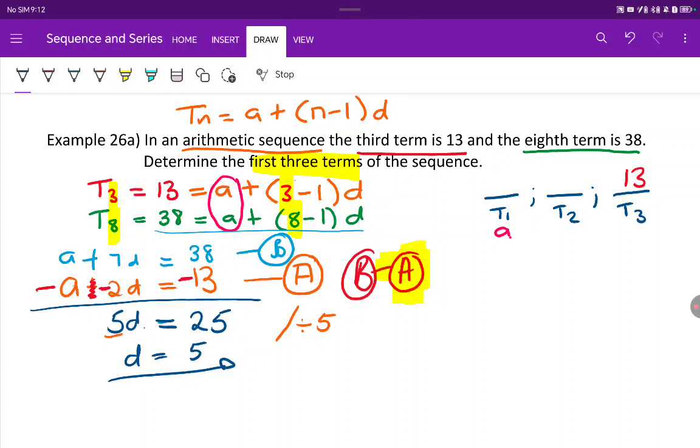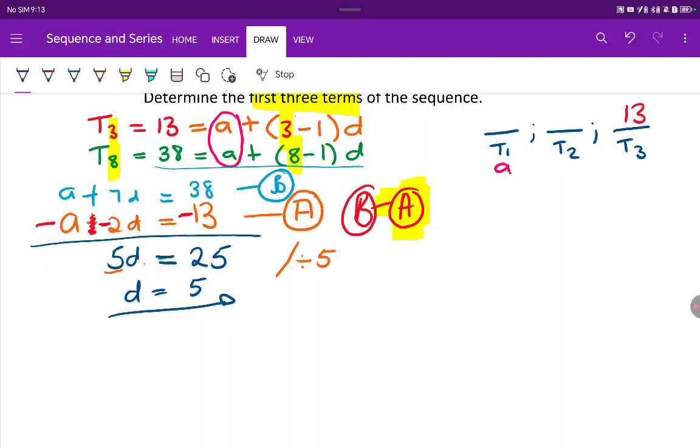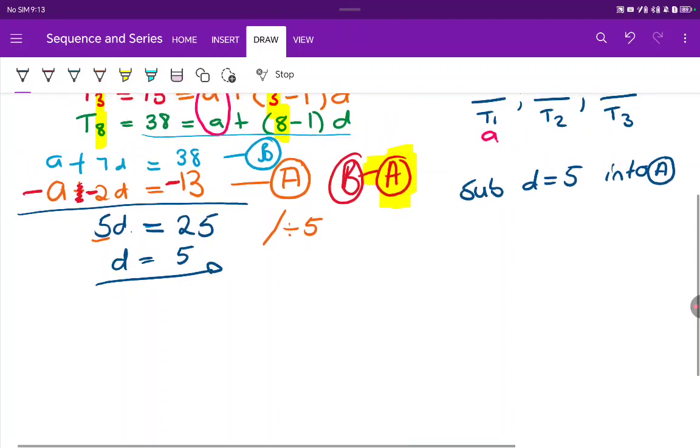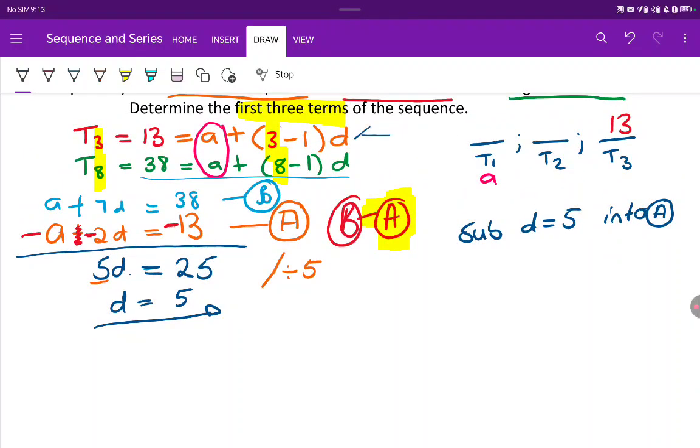Now we want to solve for a. To solve for a, you are going to substitute d into something. So let's substitute d equals 5 into formula A or formula B. I'm going to choose A, the one before the minus sign: a plus 2d equals 13.